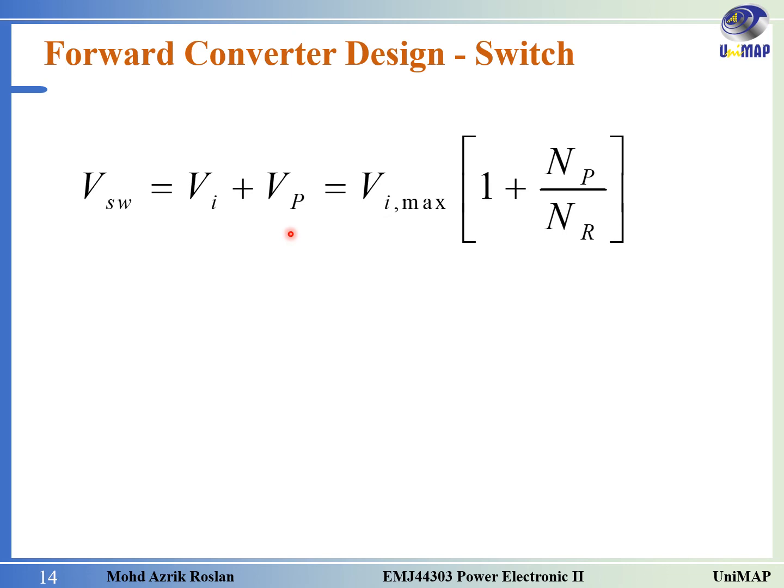The equation is V switch equals V input plus V primary. This is during the switch turn off, and the equation is VI max multiplied by 1 plus NP over NR. So this is the maximum voltage that can be seen by our switch during the switch turn off.